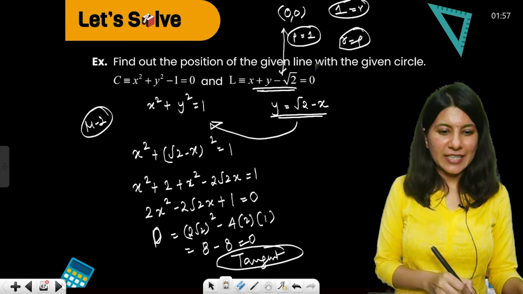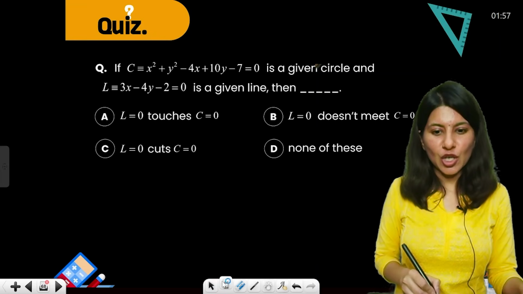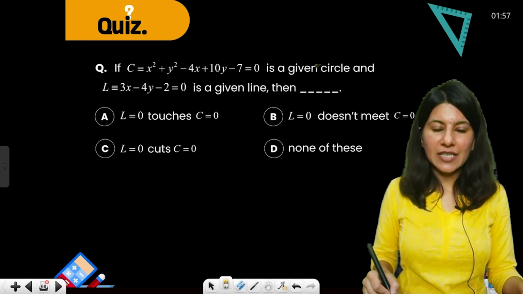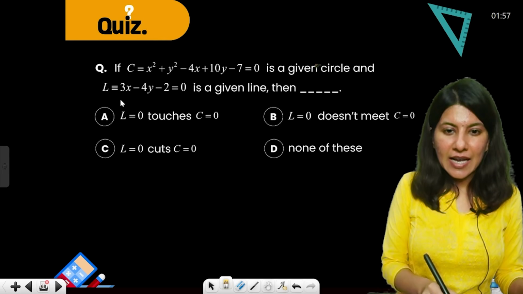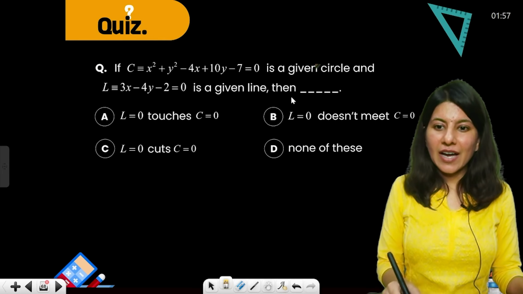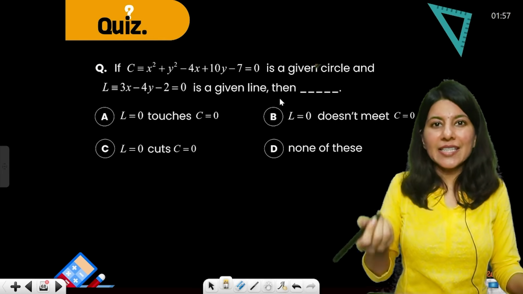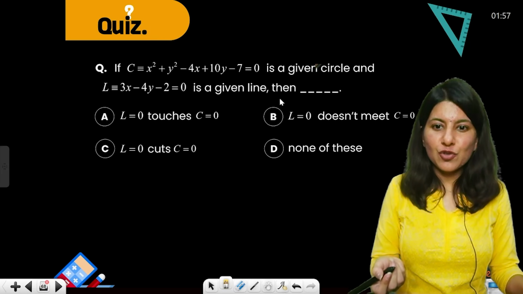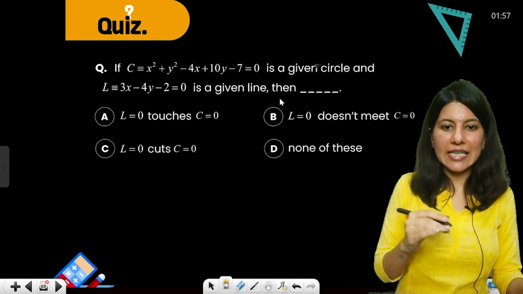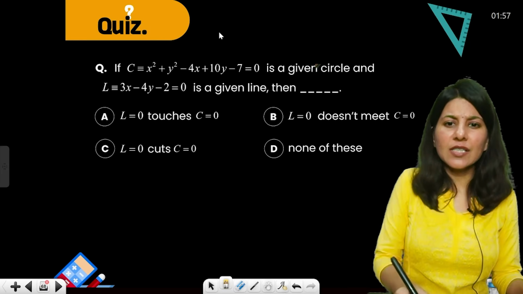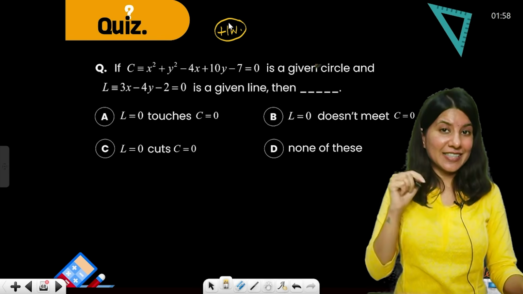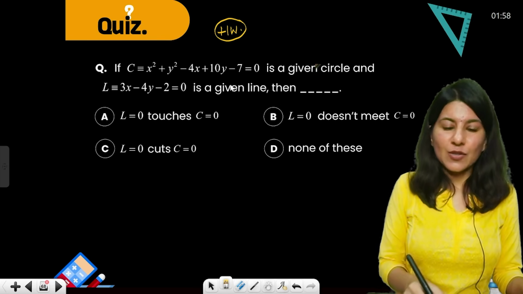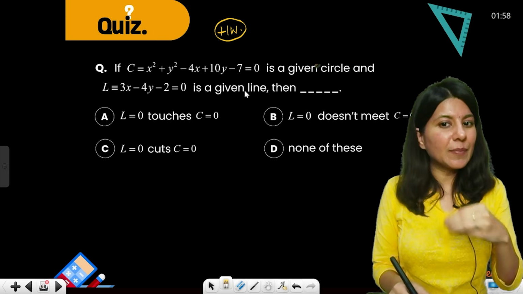Okay, all right, clear? One more question. Now, C is a given circle and L is a given line, and again we have to do the same thing: check whether this line intersects the circle or touches the circle. Let it be a homework question. Do let me know your answer in the comment section. You can apply method 1 or method 2.